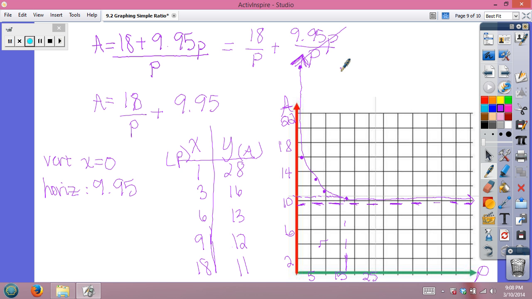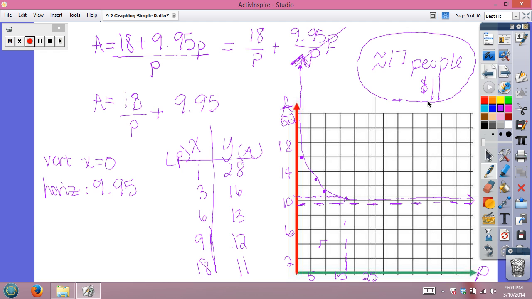So I'm going to estimate that we will need approximately 17 people to lower the cost to $11 per person. That is including the fee.